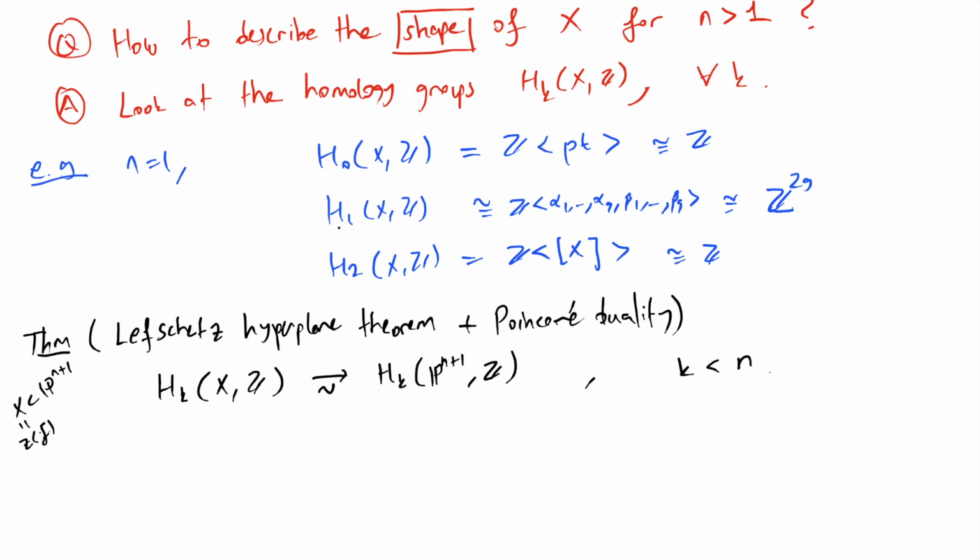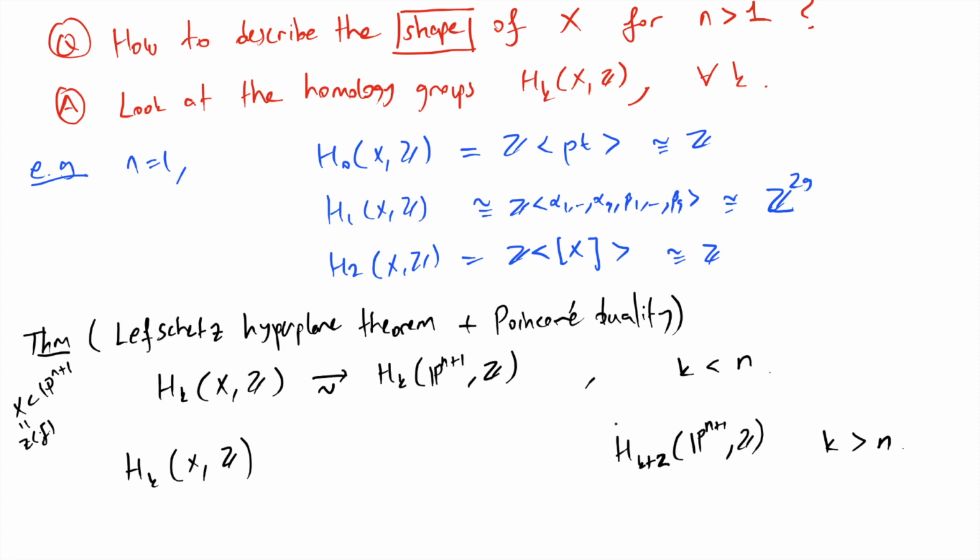So this gives us the lower half of the homology groups, because we will be able to compute these homology groups. We know what they are, and I will compute them in just a second. And the second half we get by Poincaré duality. It's a little bit trickier. So the statement is that H_k(X, Z), and let me say that already this will be for k greater than n, will be isomorphic to H_(k+2) of P^(n+1).